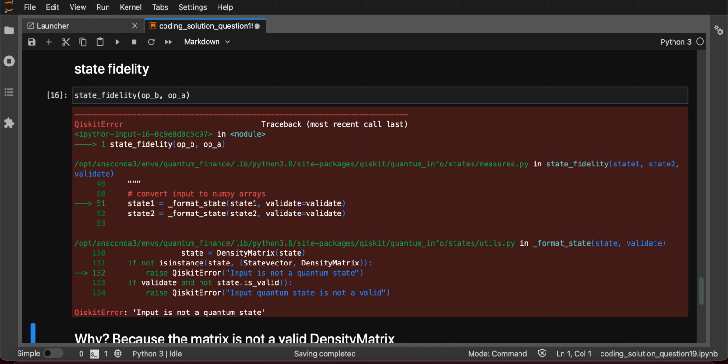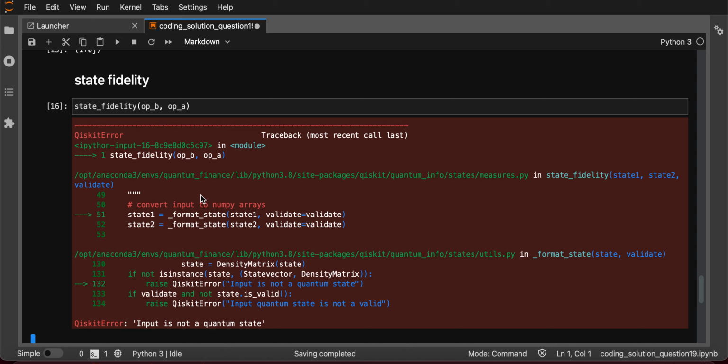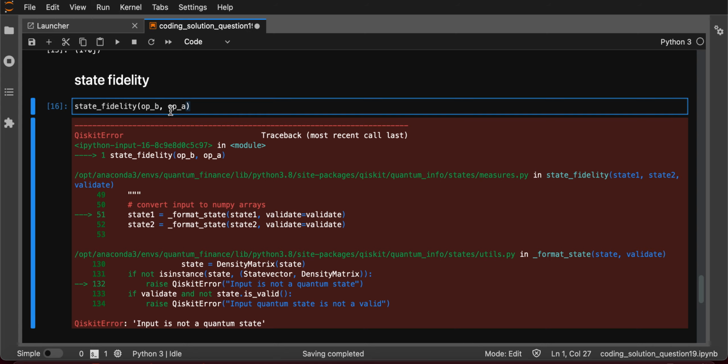That's because the inputs are not quantum states. In order for state fidelity to be accurate, to even have a definition, they need to be two quantum states. And these operators are not quantum states because the Pauli matrices, like the X gate, Z gate, Y gate, are not valid quantum states.